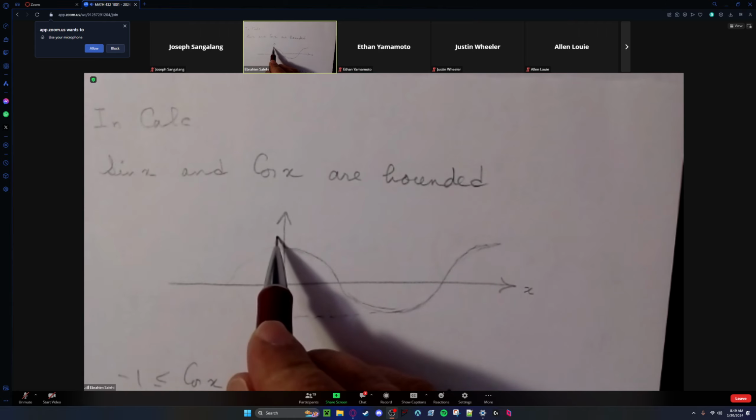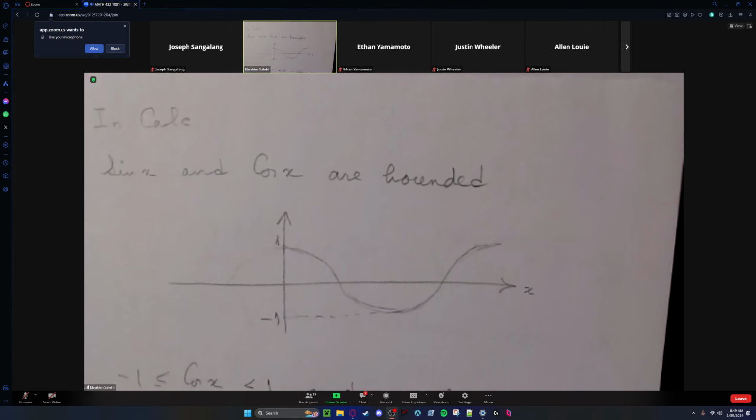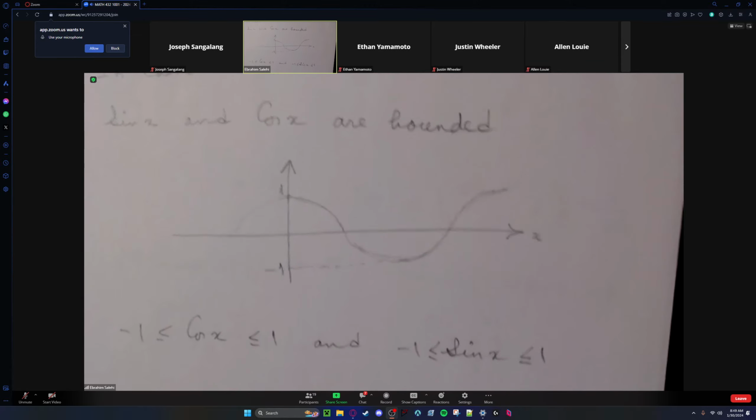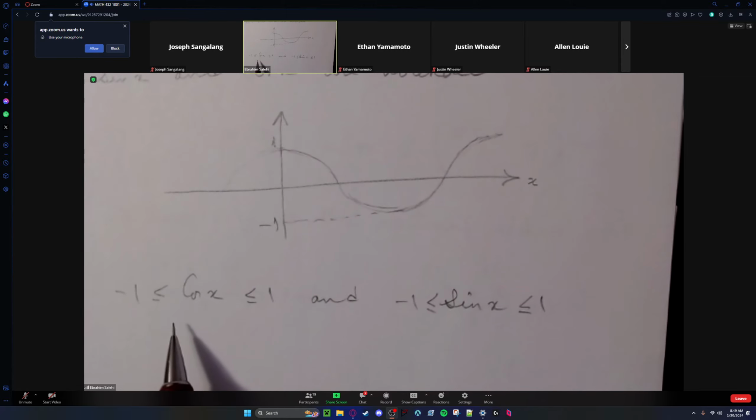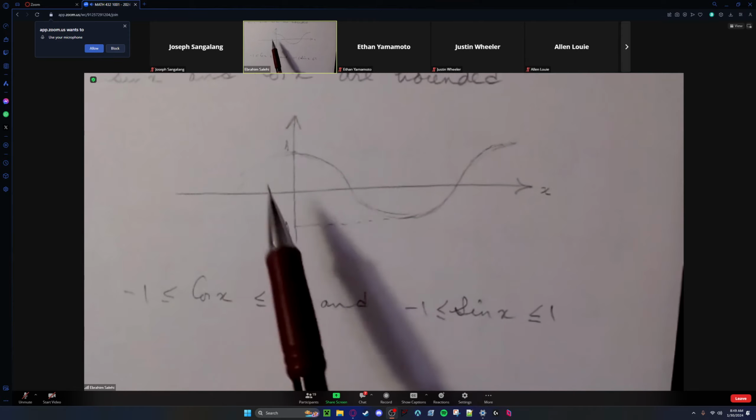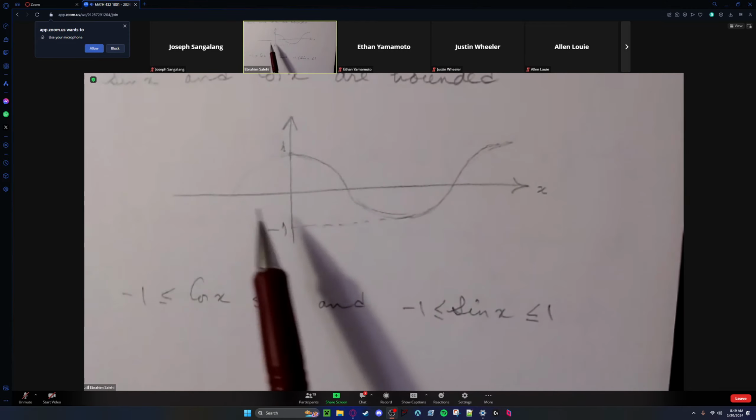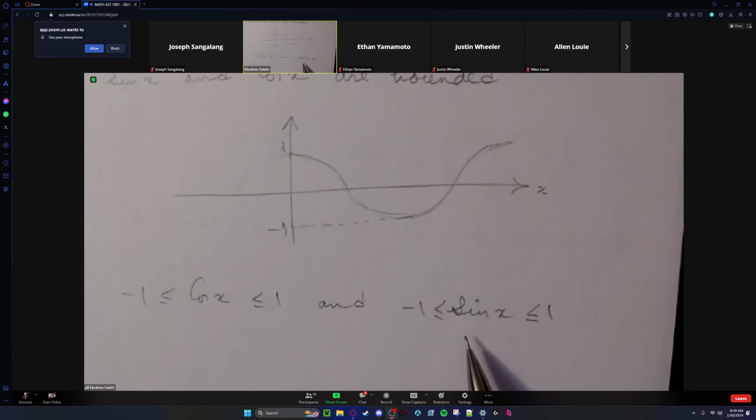Okay? It's between 1 and -1. Same thing with sine. So this is in calculus. Now, the main question is, is this also valid in complex? In calculus, when x is a real number, sine and cosine are bounded functions. Do we have such a thing in complex?